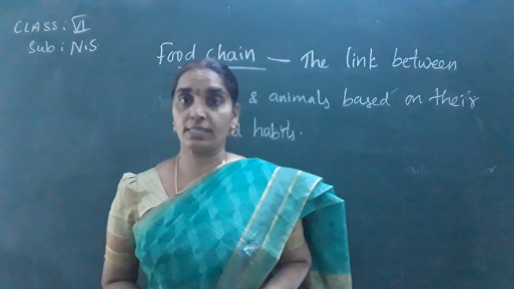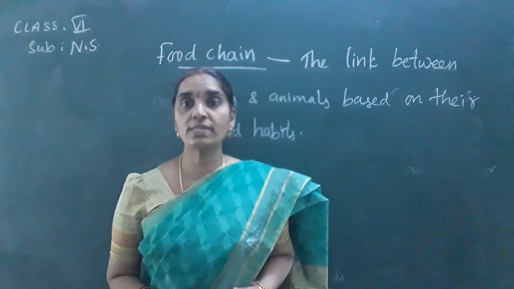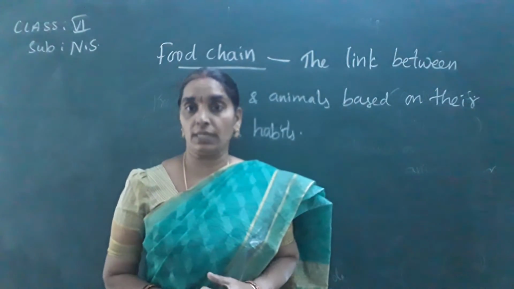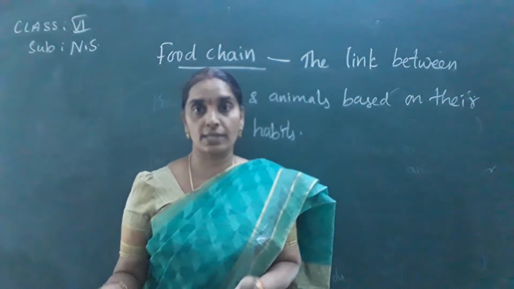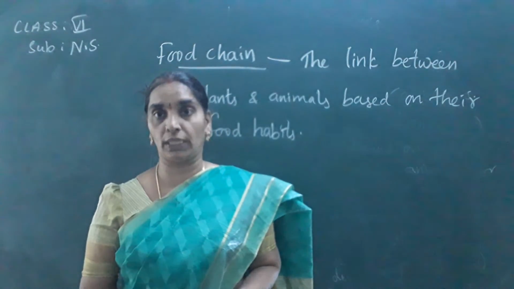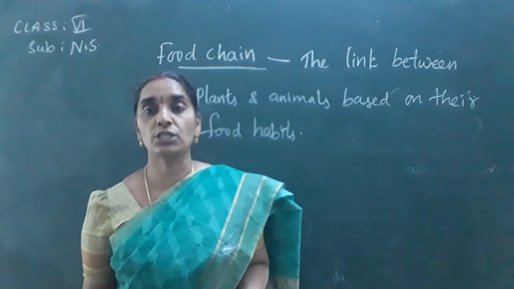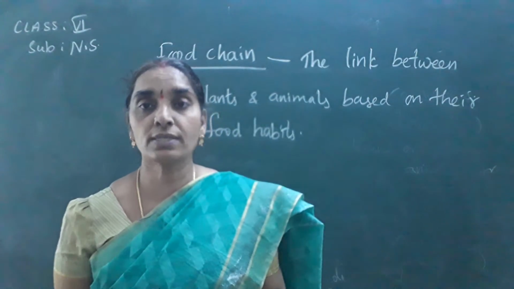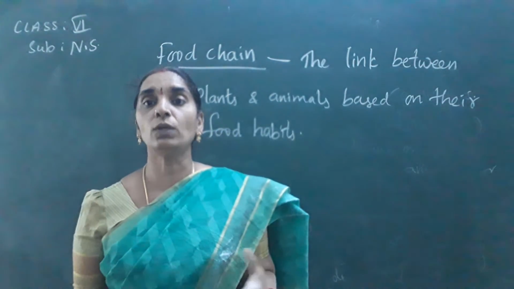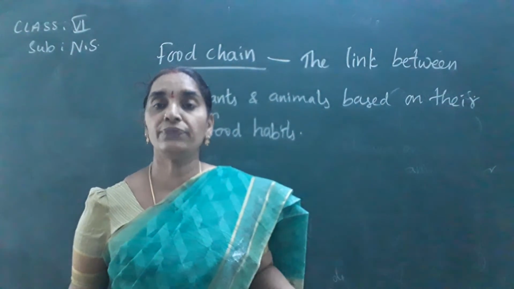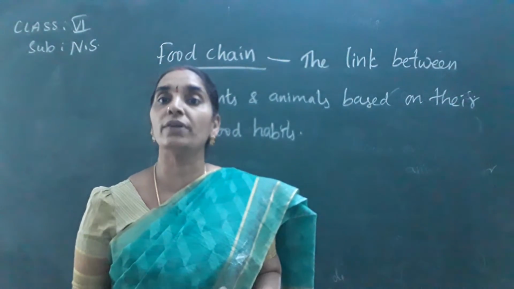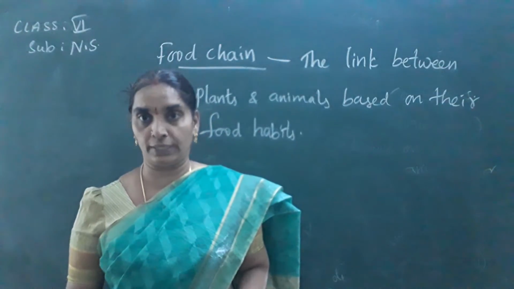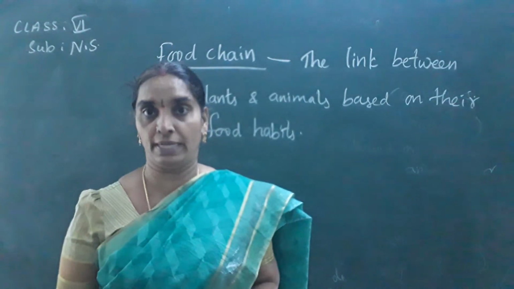The ecosystem consists of both the land ecosystem, that is terrestrial, and the aquatic ecosystem, which means water. All the organisms living in the different ecosystems depend on one another for their food or for their energy requirements.